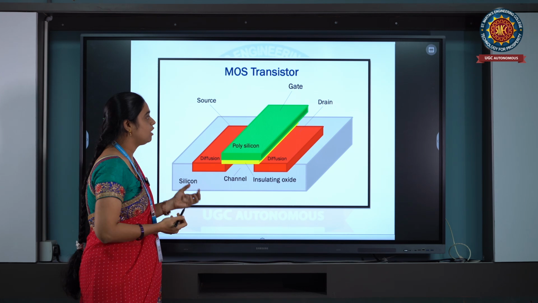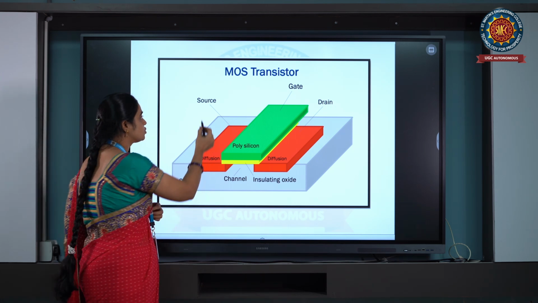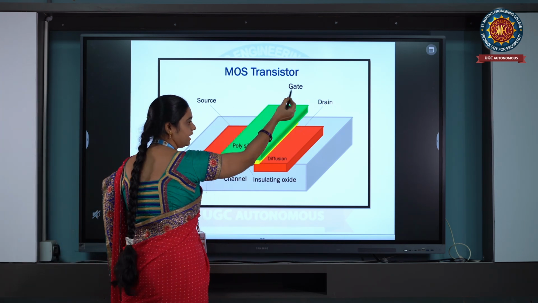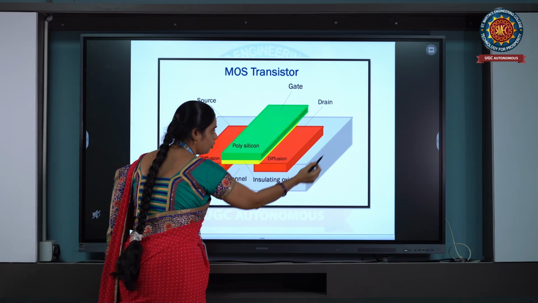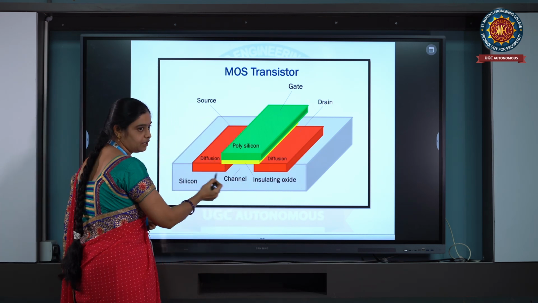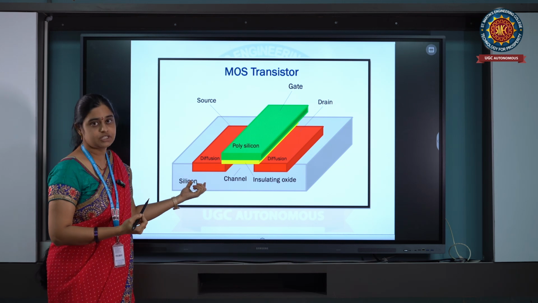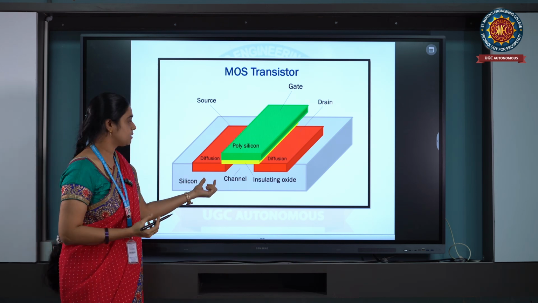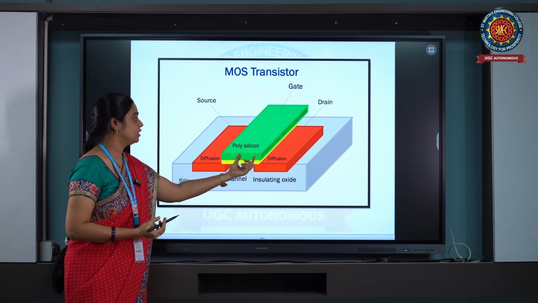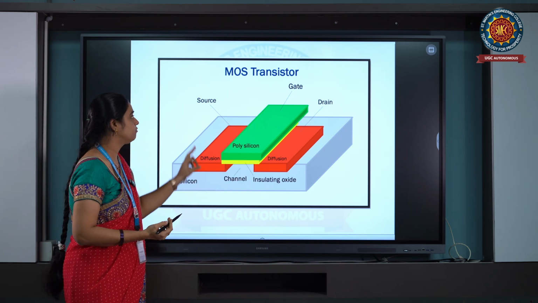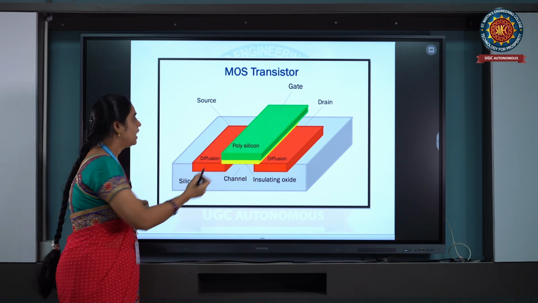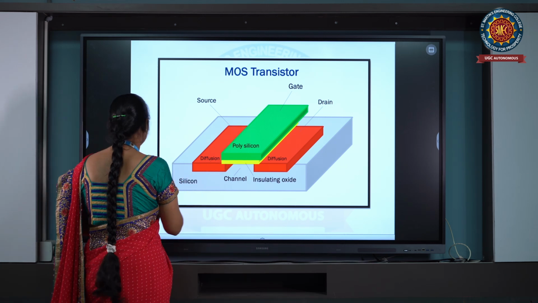A MOS transistor has four important parts. They are source, drain, gate and the substrate or the body, which is in ash color here. This is the substrate, where we are considering silicon as a substrate. Next, diffusion. Two different types of diffusion, one for the source and one for the drain. And at the center we have the gate terminal.